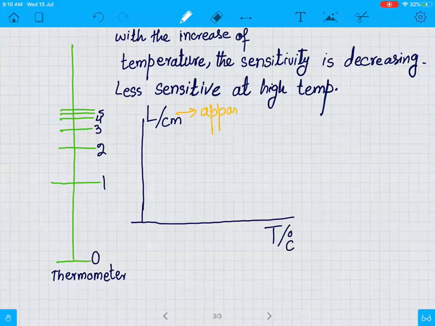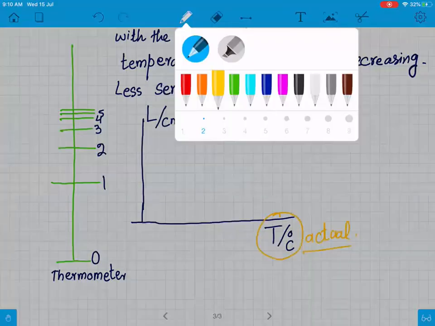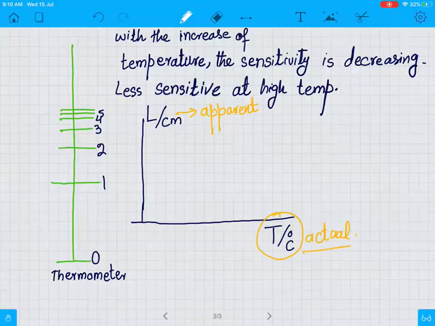So whenever divisions get smaller, the graph will bend away from the apparent axis. On the y-axis, we have apparent quantity, and on the x-axis, we have the actual quantity. And in this example, since the divisions are getting smaller, it will bend away from the apparent axis. Sometimes the axes are changed.